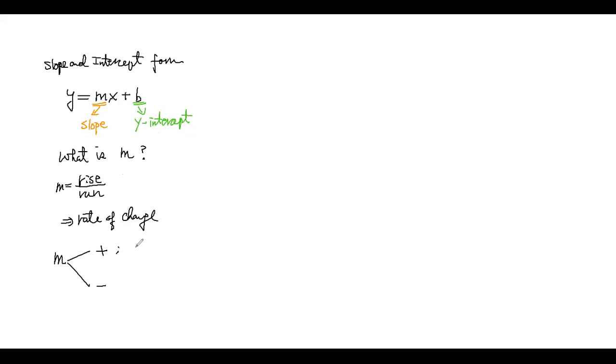So what is the rate of change? The m here means that for every unit of x increase, because it's positive, y will increase. Be careful here: every unit depends on what your unit is.